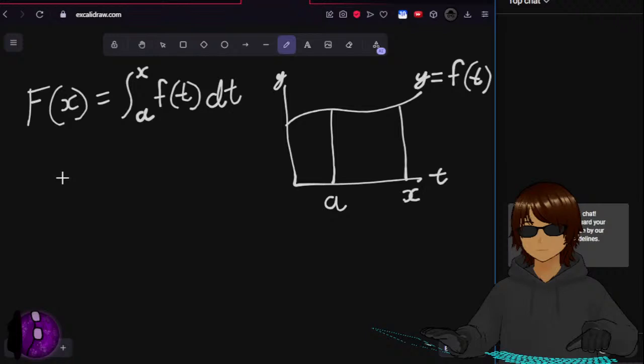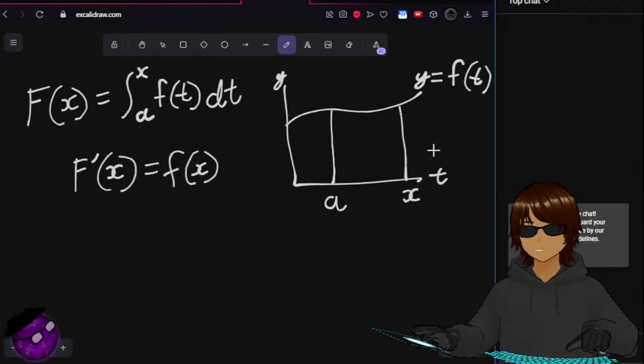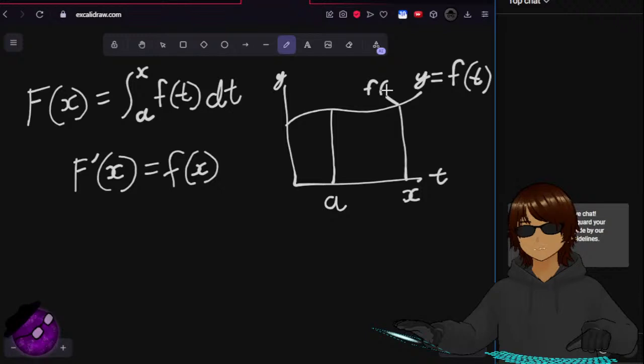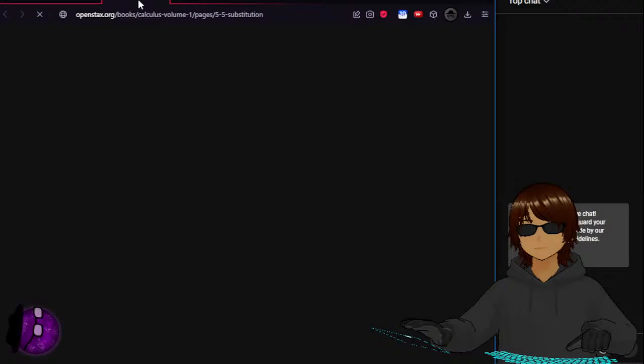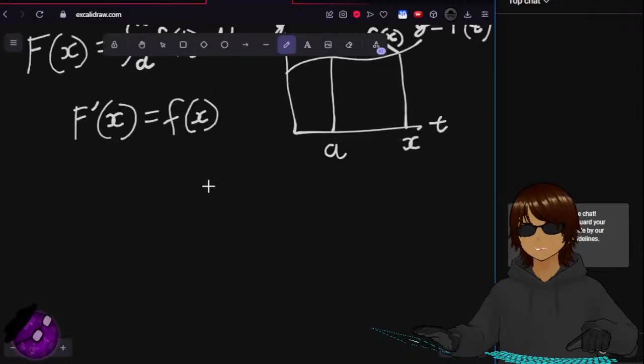Then that means the derivative of this, the rate of change of the area at x, is equal to f of x. This is the first fundamental theorem of calculus.